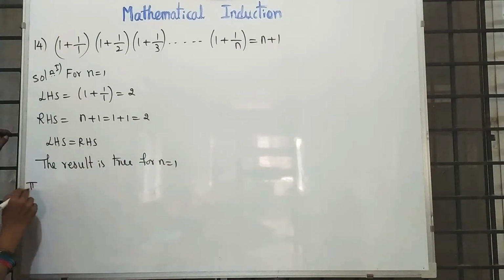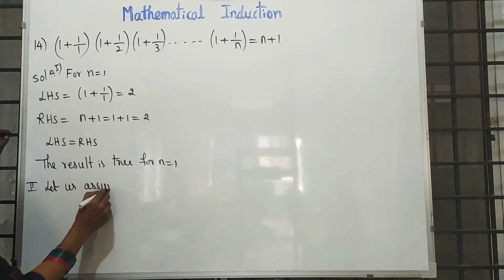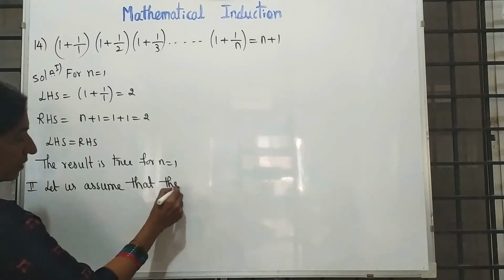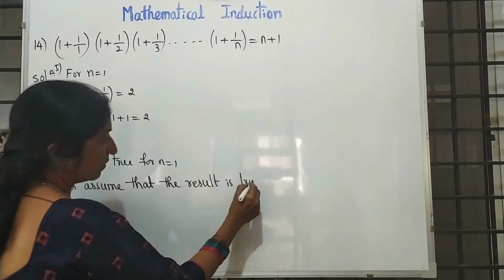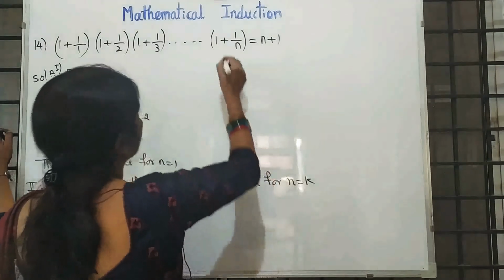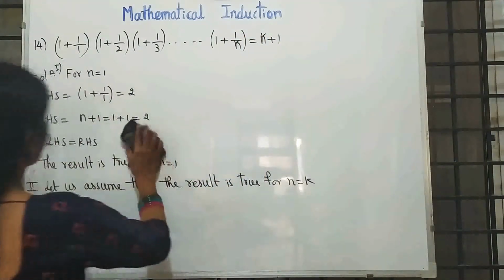Second step. Let us assume that the result is true for n is equal to k. Wherever n is there, we are replacing it by k.